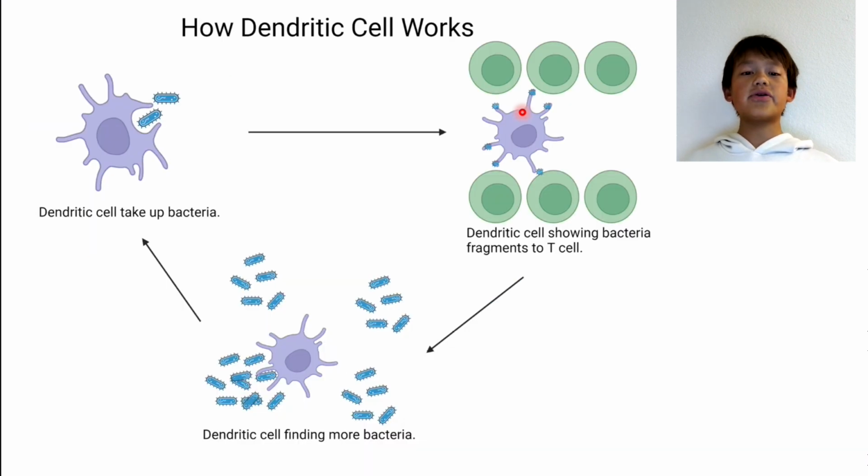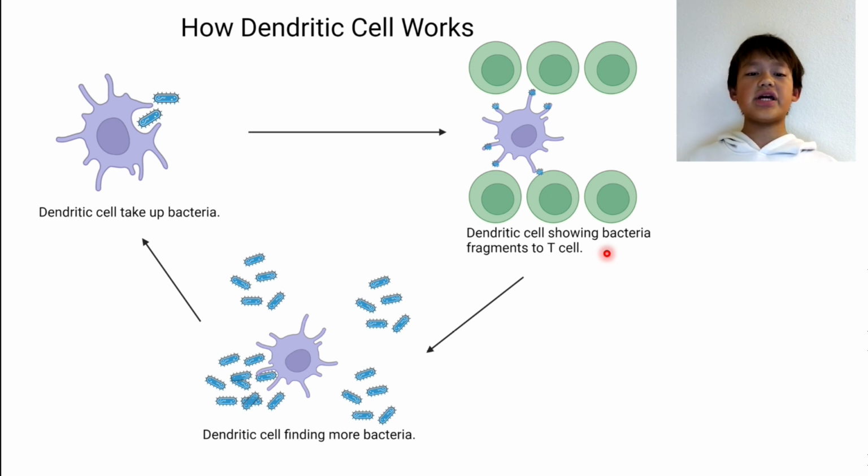When the dendritic cell enters the battlefield, the first thing it will do is start rapidly taking up nearby bacteria using endocytosis and then breaking them down using special enzymes to turn them into antigen fragments. After the dendritic cell consumes enough bacteria, it will quickly move to the lymph nodes, where it will then present the antigens on special molecules called MHC class I or MHC class II, and then show the antigen fragments to T cells.